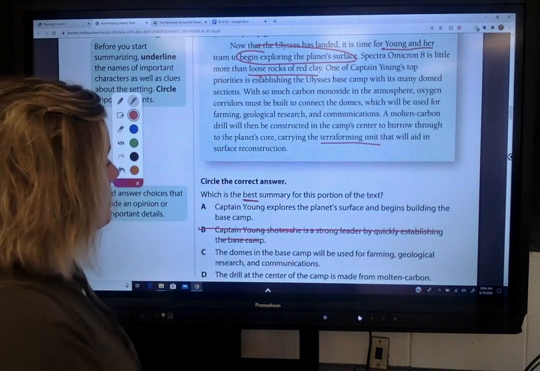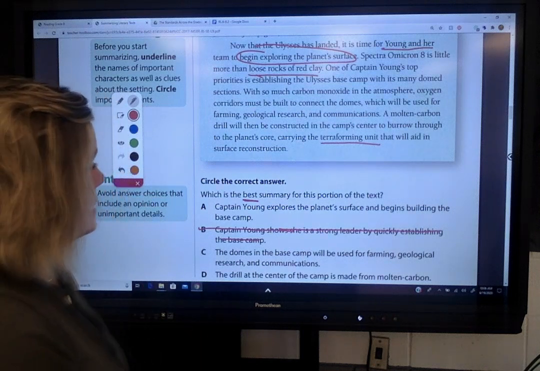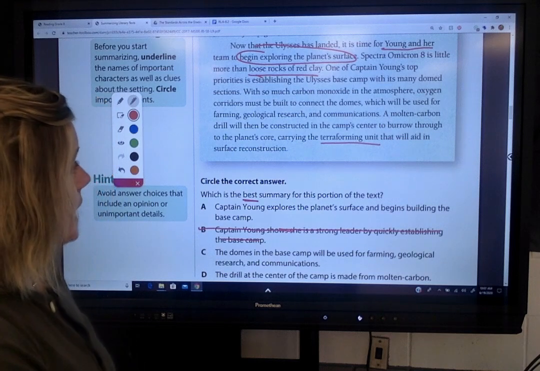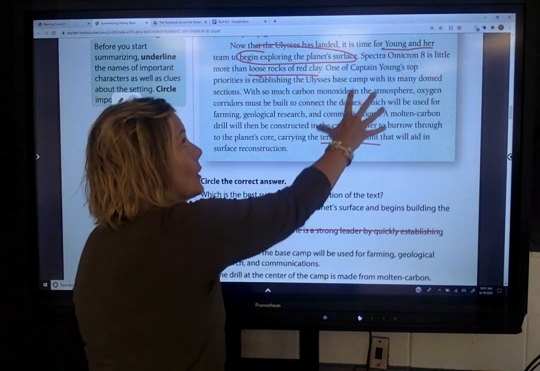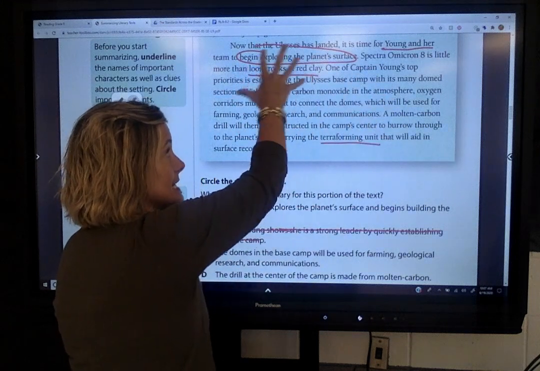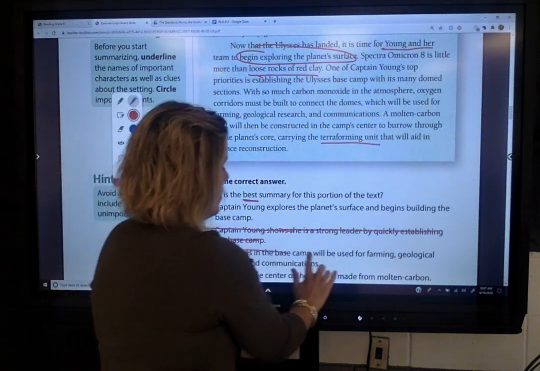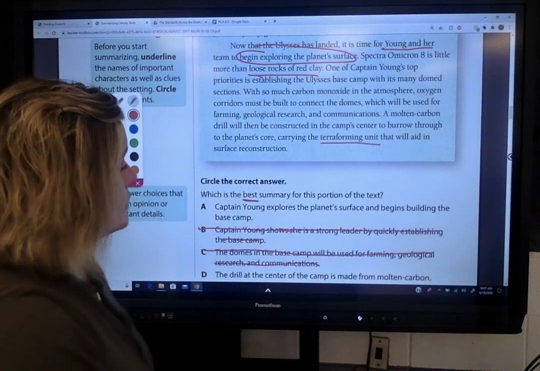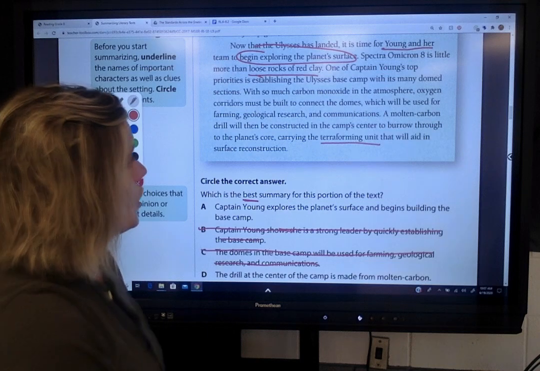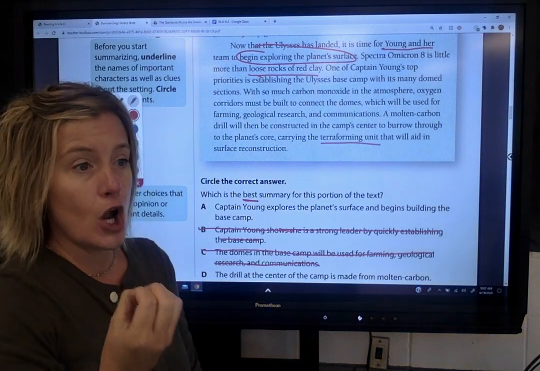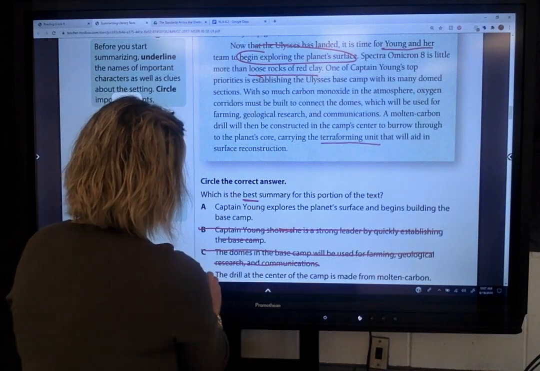The domes in the base camp will be used for farming, geological research, and communications. Well, it does say that in here, but that's not the summary. That's not the main idea of this passage. So that's not going to be our answer either. The drill at the center of the camp is made from molten carbon. Yes, it says that, but again, that's just a small idea. That's just a supporting detail.